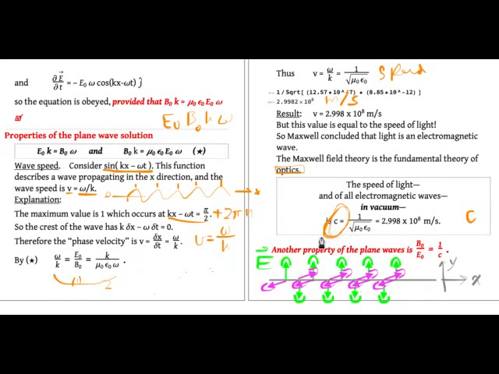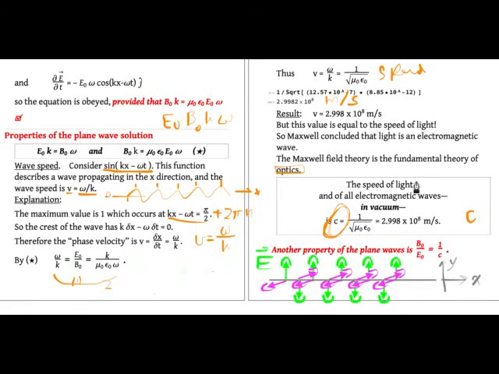There's another property of the plane waves. If I look at this equation, B0 divided by epsilon 0 is k over omega. K over omega is 1 over c. So B0 over E0 is 1 over c. Or E0 is c times B0.